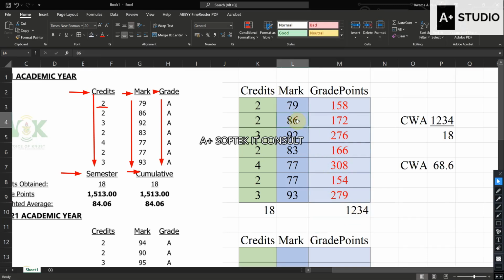This is 86, this is 92, 83, 77, 77, 98. The credit hours are 2, 2, 3, 2, 4, 2, 3. Are these ones correct? I want to make sure these ones are really correct.